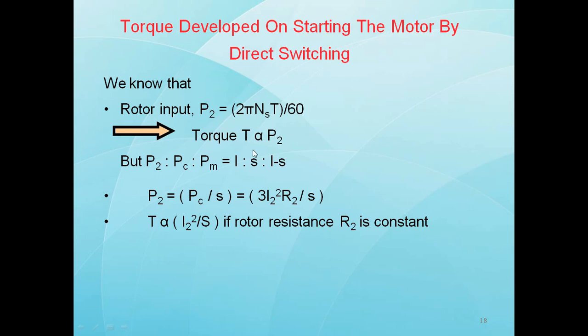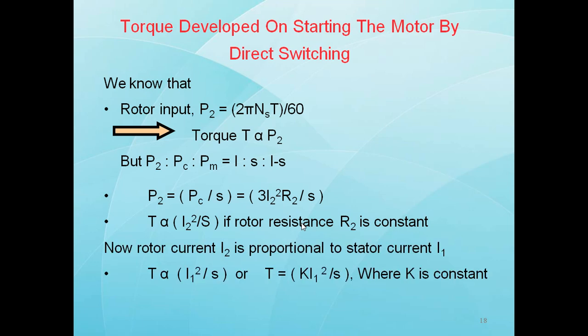Copper losses are 3 I2 square R2 by S. From this, we can say the torque is proportional to P2, but P2 is proportional to I2 square by S. So T is proportional to I2 square by S, if rotor resistance R2 is constant. Now rotor current I2 is proportional to stator current I1.